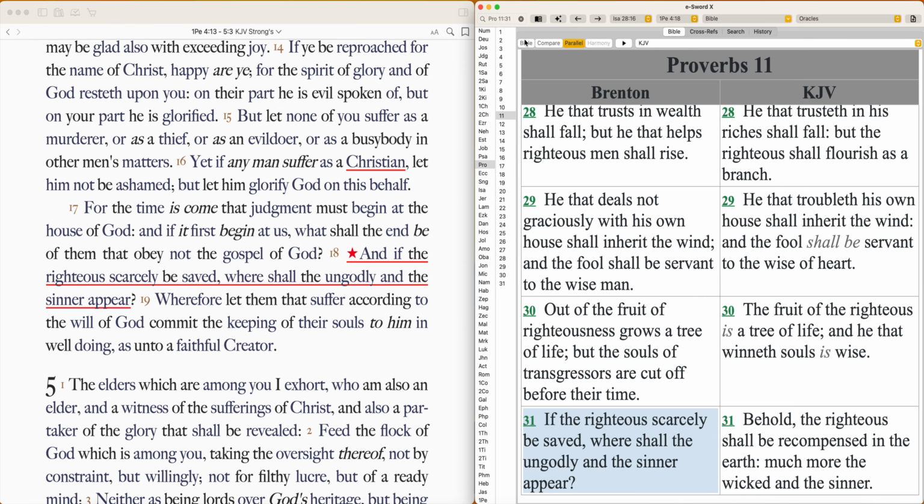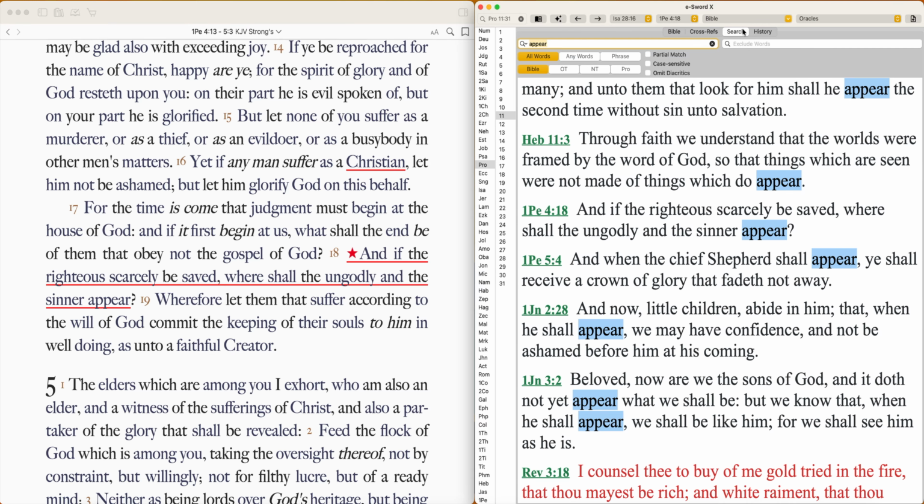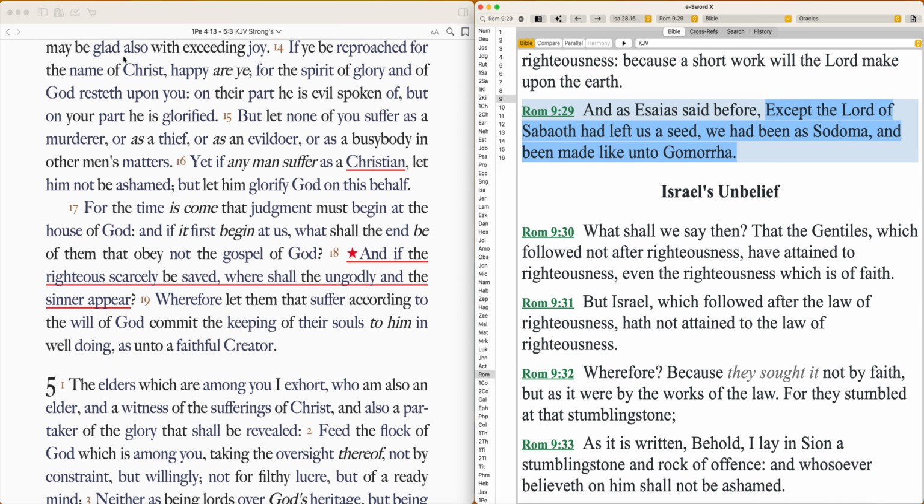Let me find another one. There's the book of Romans, chapter 9 and verse 29. Watch this.